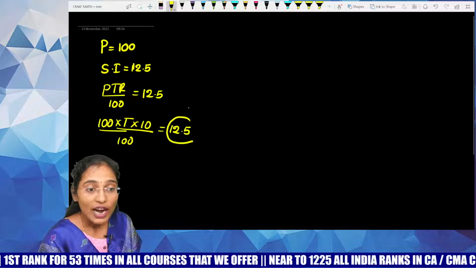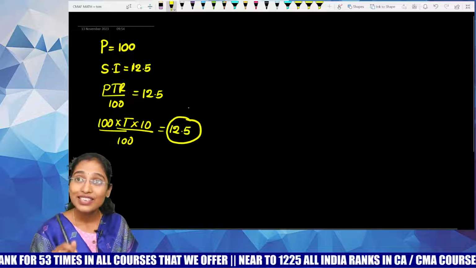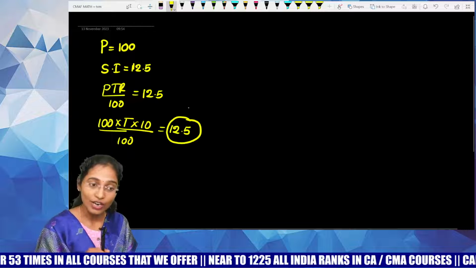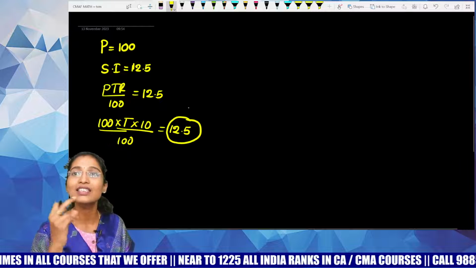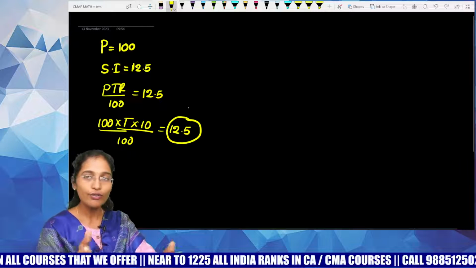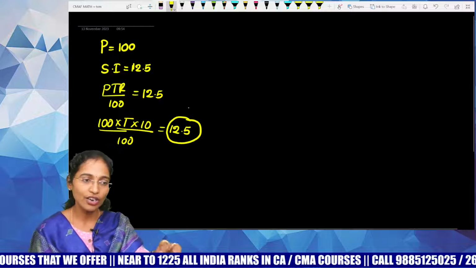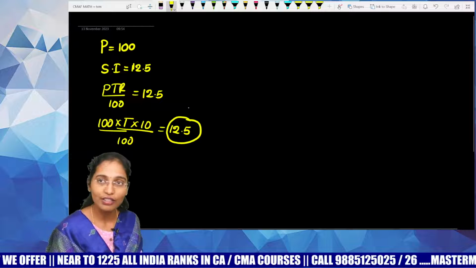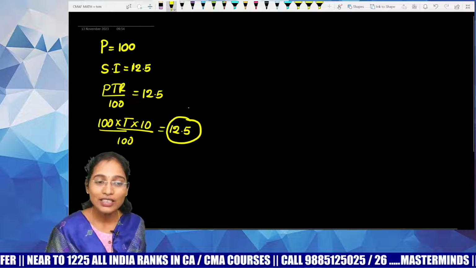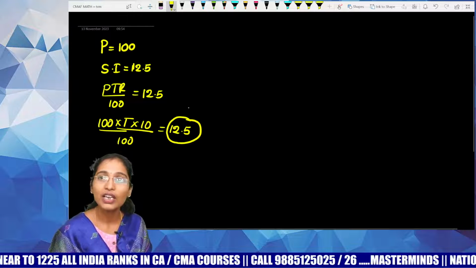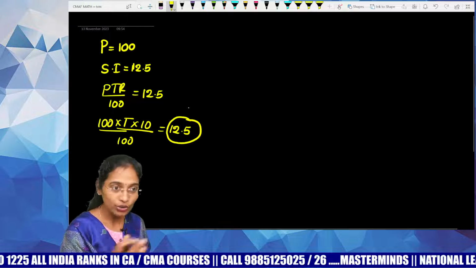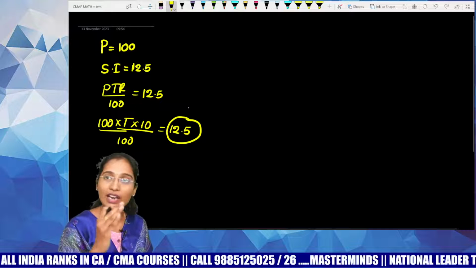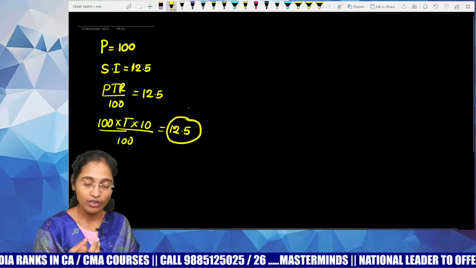Whenever you want to start a calculation, start off with the term that is a single value. So if you look at this terminology here, left side there is 100, of course T, of course 10 along with 100 in the denominator. But at the right side there is only one figure. What is that? 12.5.